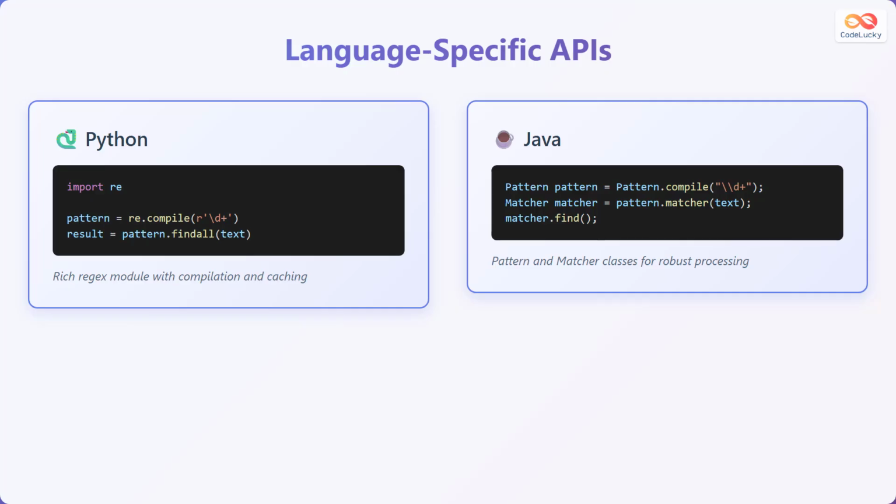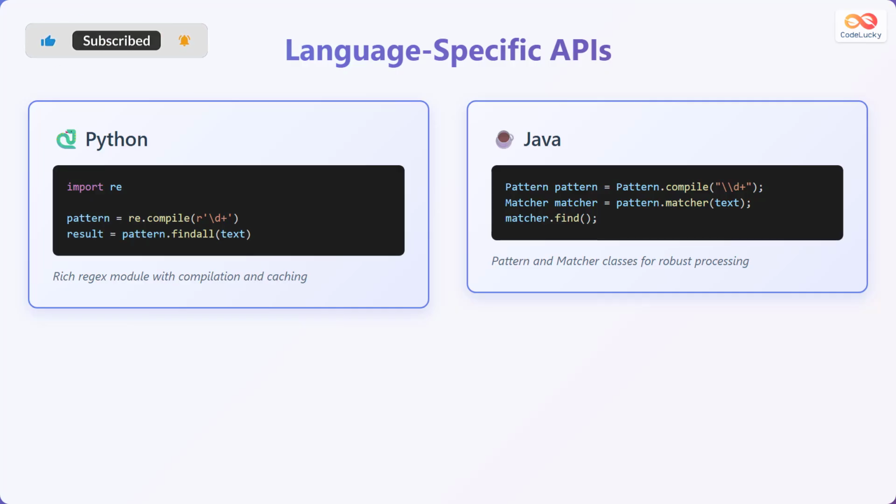Let's see the language-specific application programming interfaces, or APIs, for regular expressions. First, Python. The code shows import re, then pattern = re.compile(r'\d+'), then result = pattern.findall(text). This is a rich regular expression module with compilation and caching.